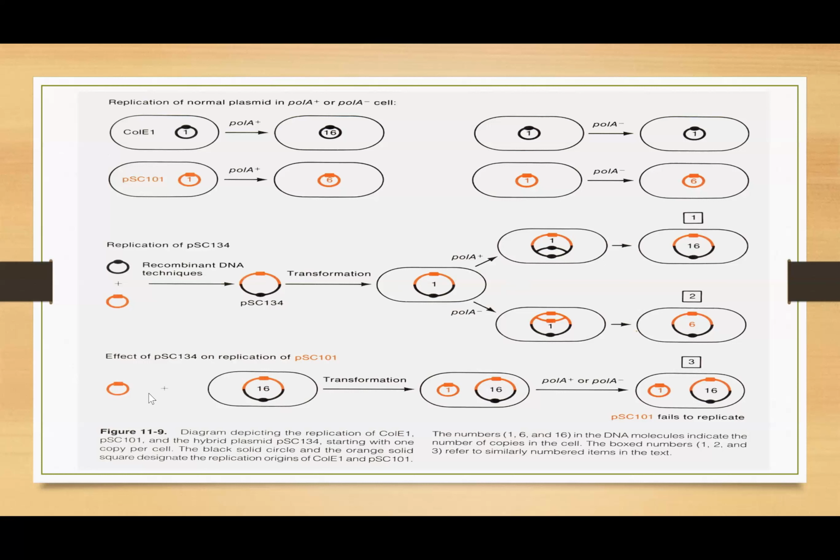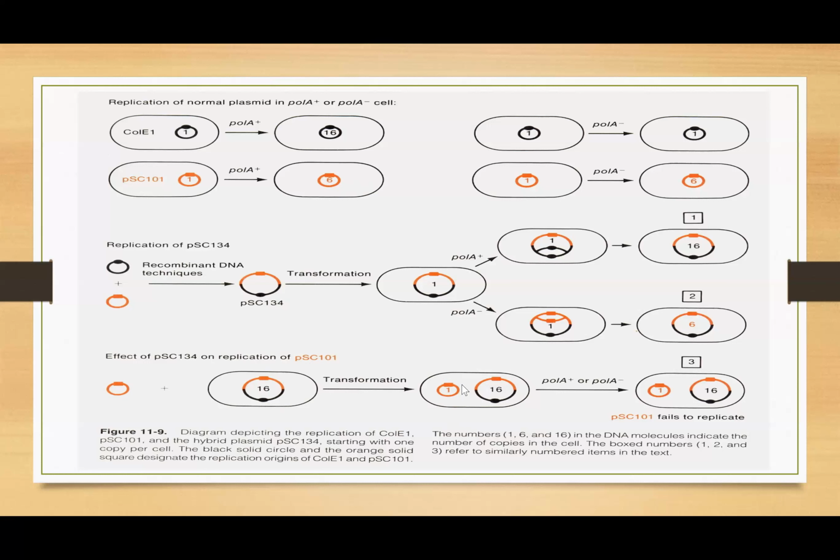Now, when this cell was transformed with pSC101, in such a way that a single copy of plasmid goes inside, the expectation is that since this maintains 6 copies, it should be able to replicate and make 6 copies here.